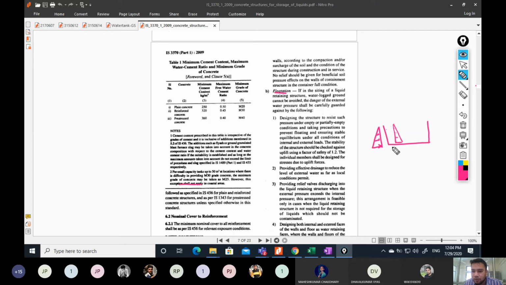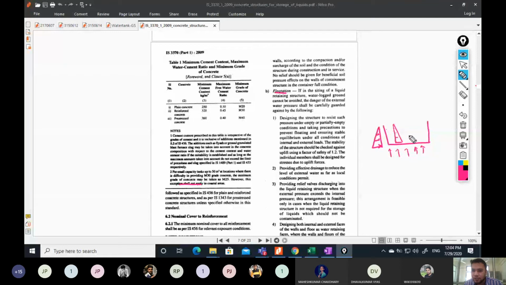Sometimes if it is submerged soil, there may be water pressure from beneath the tank, which will try to uplift the tank. So for such cases, you have to check the tank for the empty condition or partially empty condition.